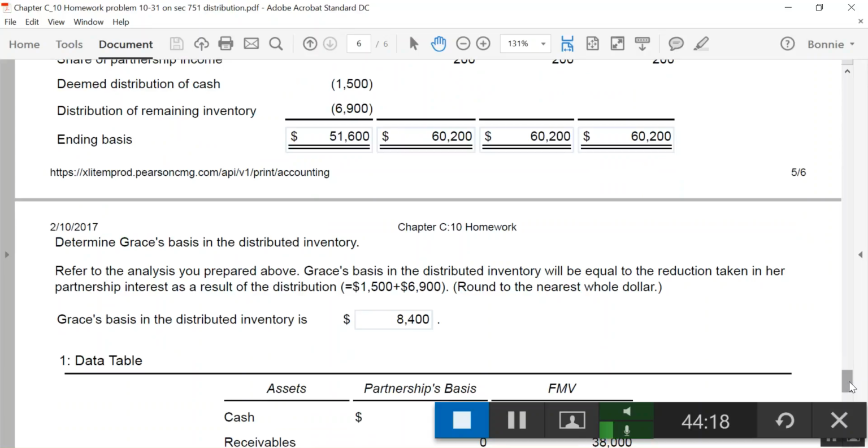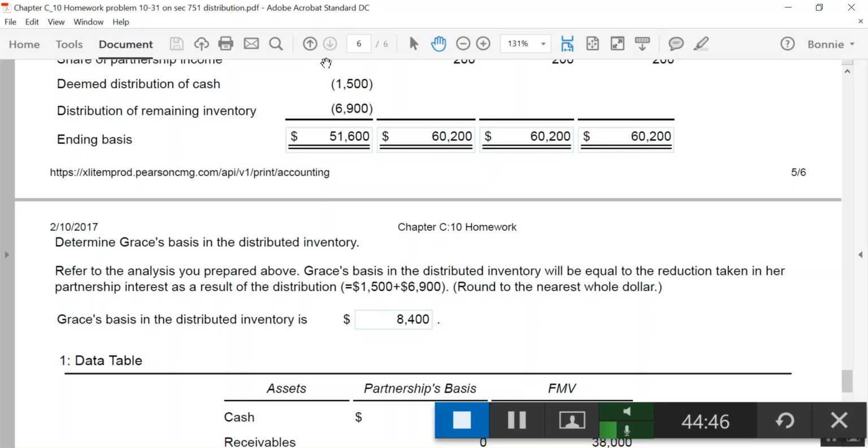Which makes sense, because what we've learned in a regular distribution situation is that the basis you take in a distribution of non-cash property is the same as what you're reducing your basis in the partnership interest by.